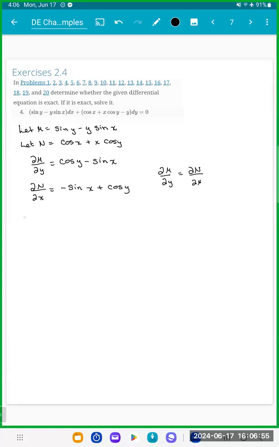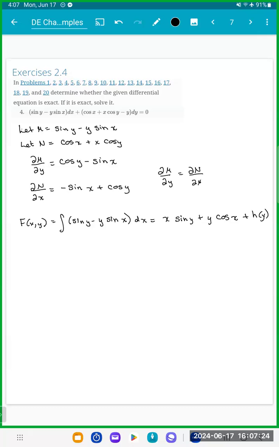Okay, so we have f of x,y equals the integral of sine y minus y sine x dx, and that equals x sine of y plus y cosine x plus some other function. Let's just call it h of y.